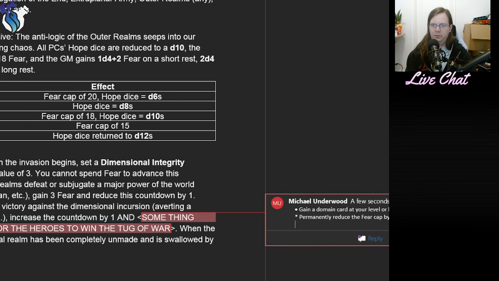What else can we do here? Each PC gains 1 level advancement, a level up box where they can keep scaling up their power.